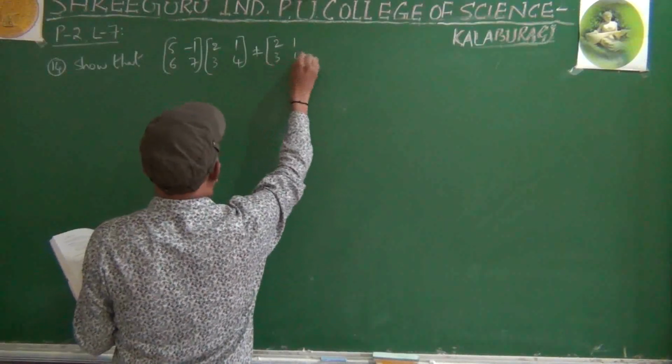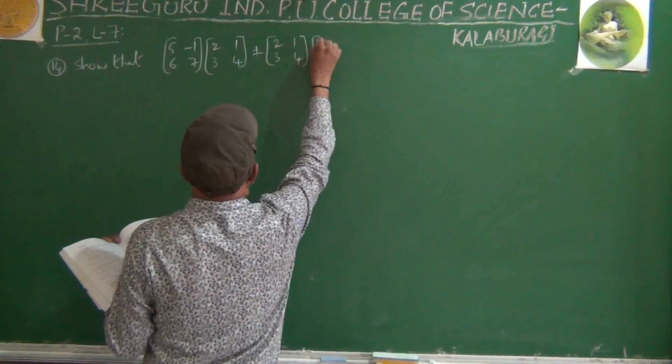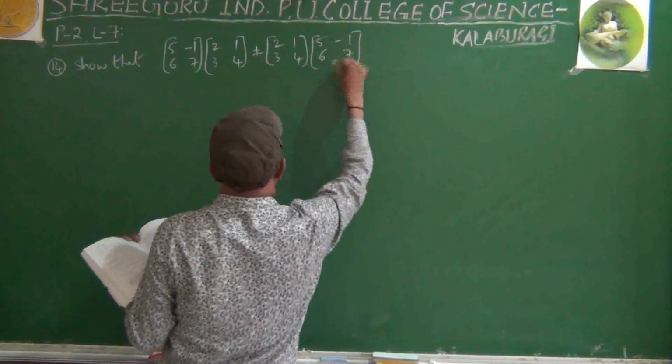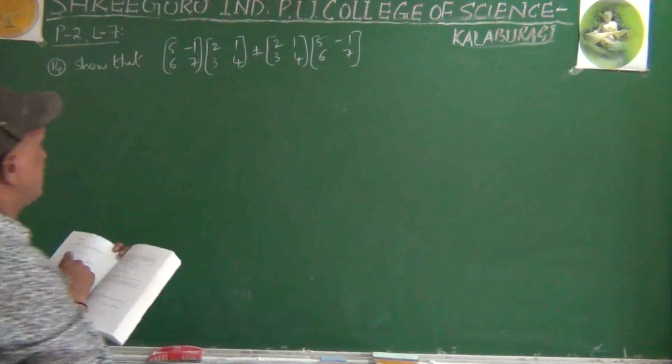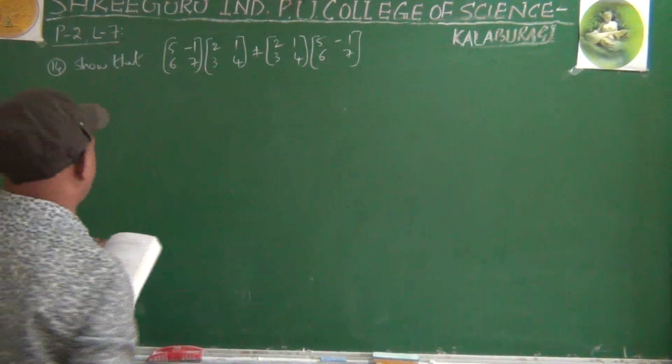The matrices are 2, 1, 3, 4 and 5 minus 1, 6, 7, on the right side.